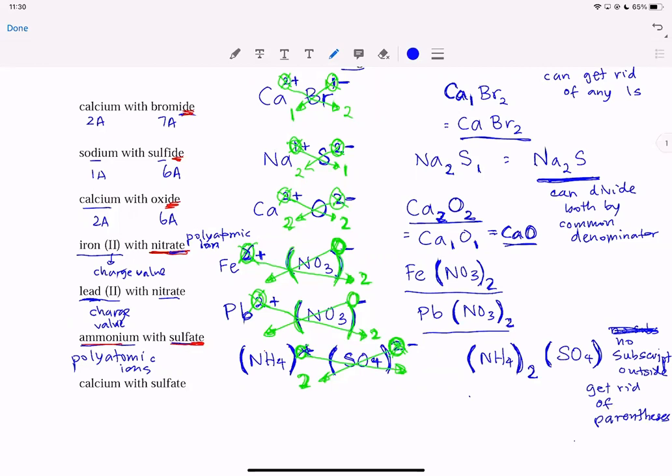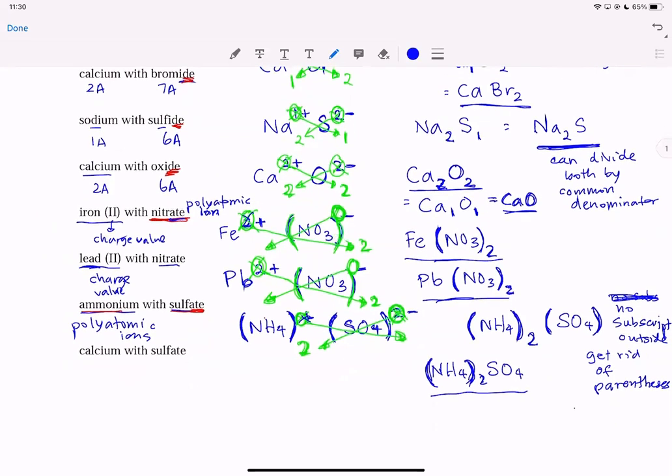The simplest version of this would be NH4 with the subscript 2, and then no parentheses, just SO4. Because the parentheses are redundant, you need the parentheses when there's more than one of them, when there's a 2 outside, such as the previous examples, or in this one, the 2 outside of that parentheses. You need that parentheses. But when you don't have any subscript outside of it, you don't need the parentheses, so you get rid of them. Okay, so this would be the correct chemical formula.